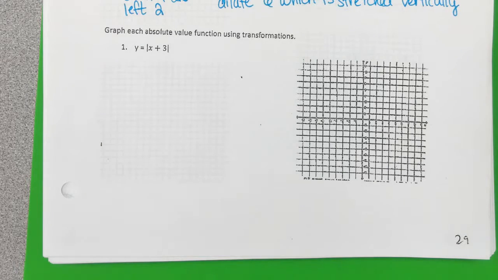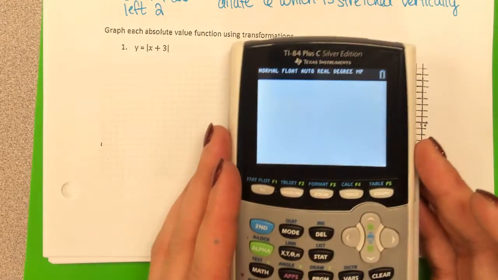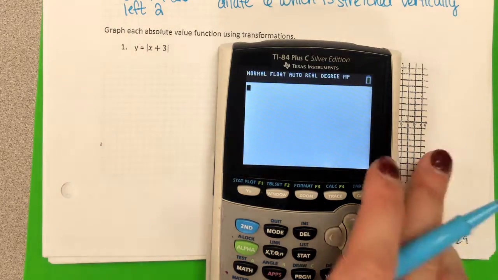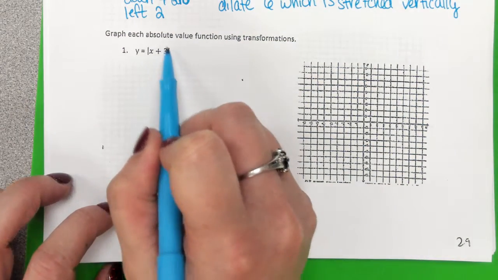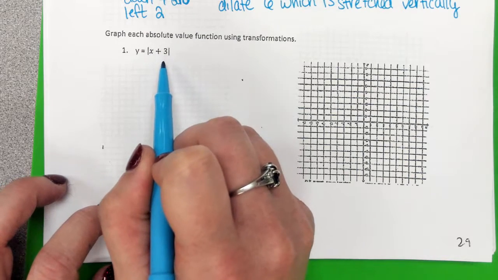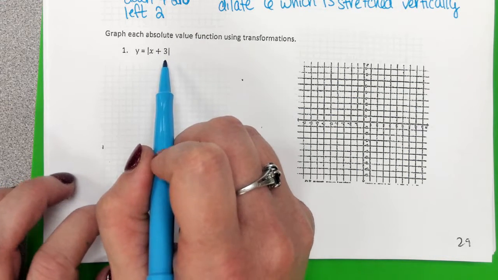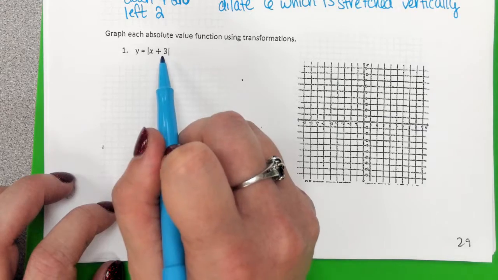Alright, here we go. So what's it say to do? So what's the plus 3? The plus 3 is on the inside, right? So what does that tell us it's going to move? Left, right, up, or down? Left, because you take the opposite sign, right?